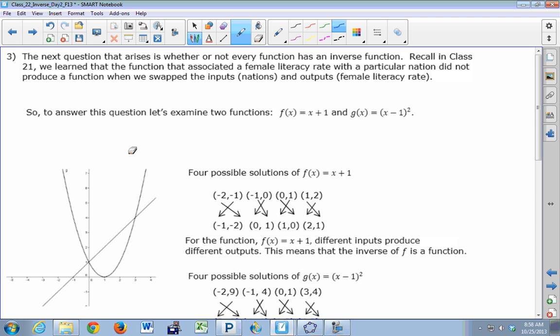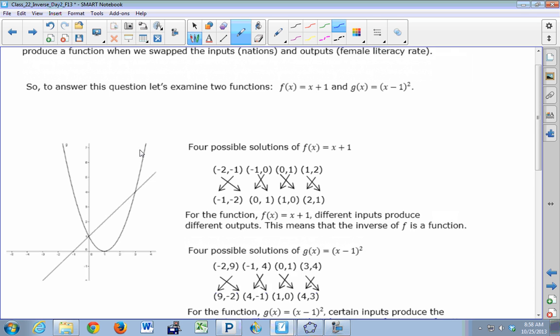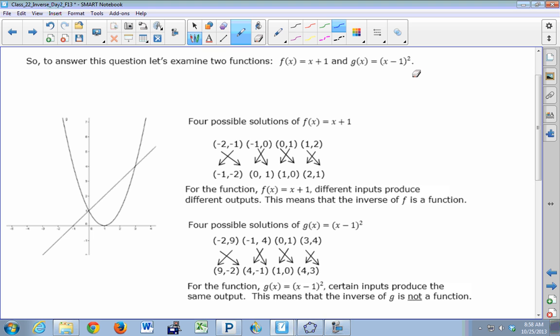So when we reversed it, when we were at 99, it could have been Brazil or Germany, or I don't remember the countries off the top of my head. So we need to find some way to answer the question of whether functions have inverses when we're dealing with mathematical functions and not just finite sets of pairs from a table.